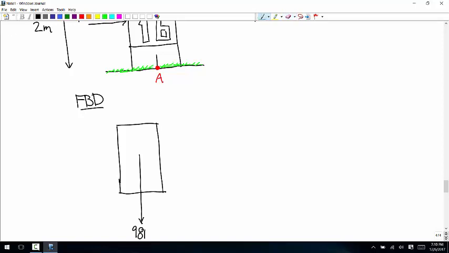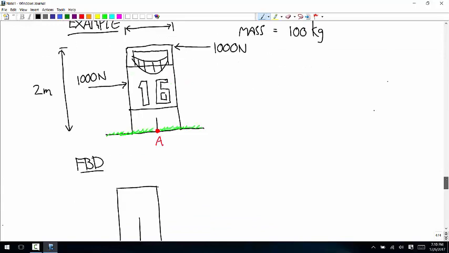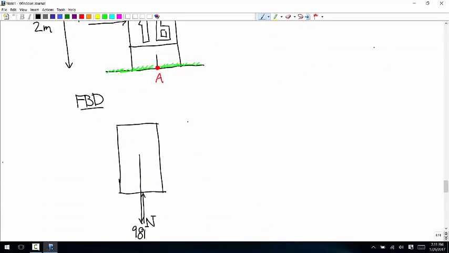And then there's a normal force. That's where his feet are in contact with the ground, so that's going to be just some upward force N acting at that axis A. And then there's 1,000 newtons here and 1,000 newtons here.